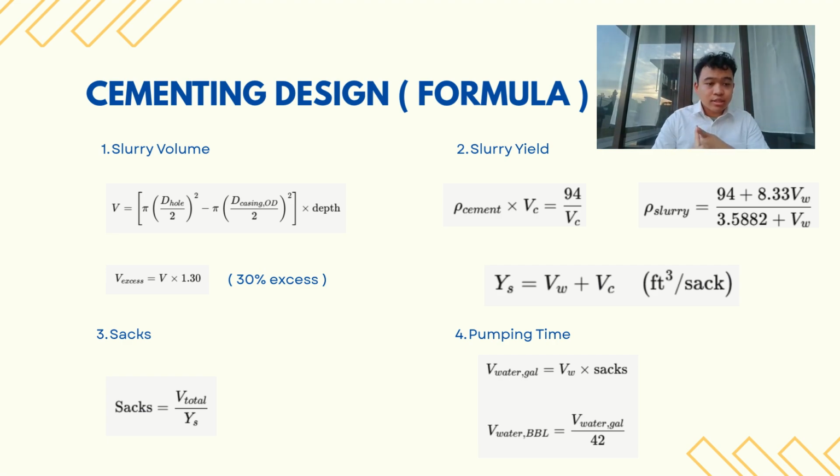The next one is slurry yield, which is how much volume one sack of cement produces. Then we divide the total volume by the yield to get the number of sacks, and lastly we calculate the pumping time by dividing the total volume by the pump rate.